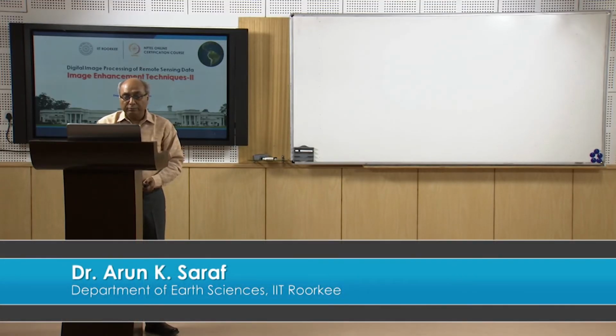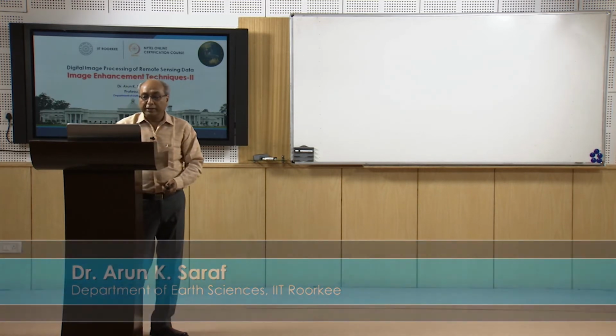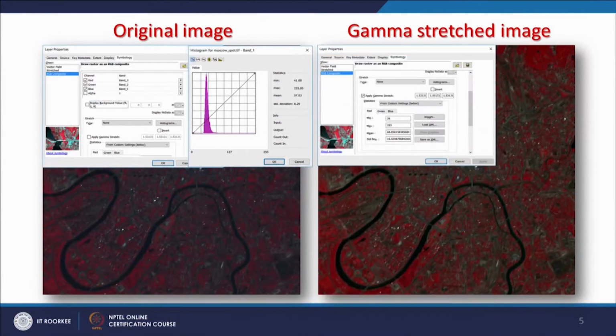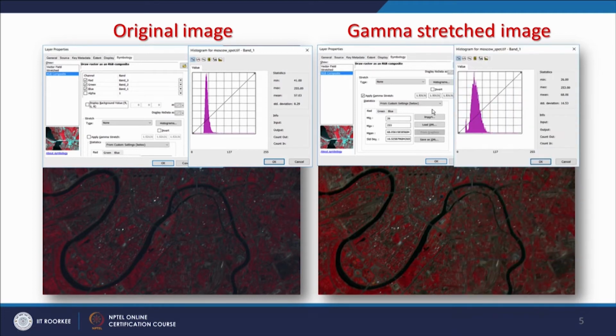Our aim should be to improve the contrast, and if we go for this gamma stretch, this is how we have chosen the stretch, and the quality of the image has improved, as can also be seen in the distribution of the data after the stretch.